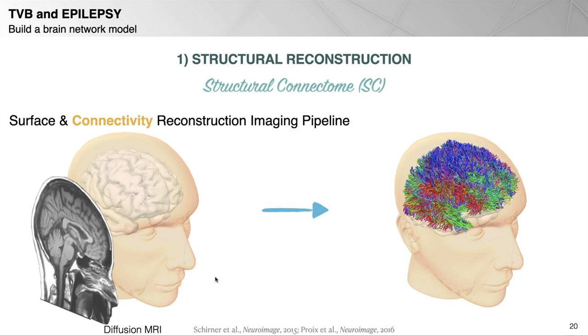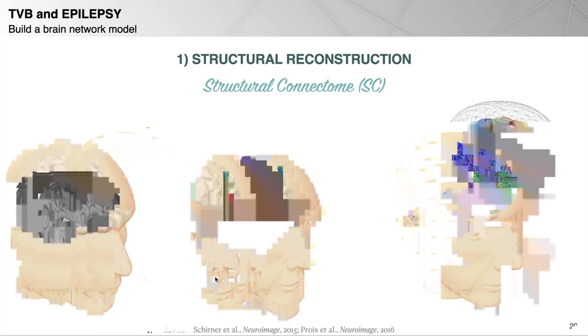And then the connectivity is given by the tractography based on the diffusion MRI. And finally, the structural connectome is generated comprising 2 matrices, the weight matrix that corresponds to the strength of the connections, and the track length matrix that corresponds to the distance between the brain regions.